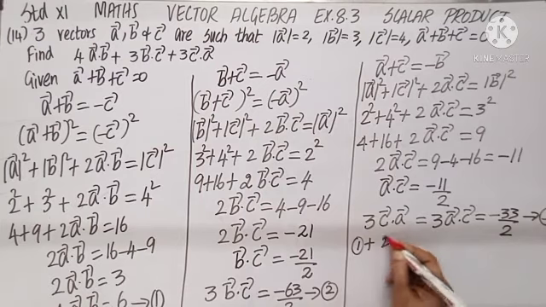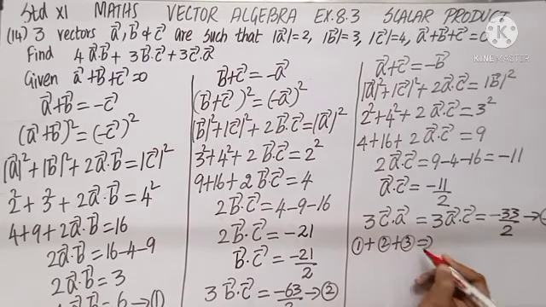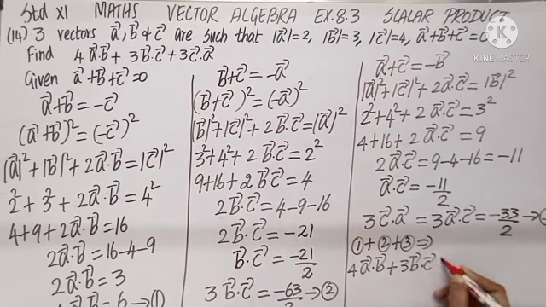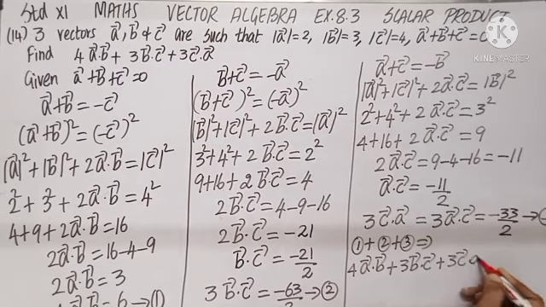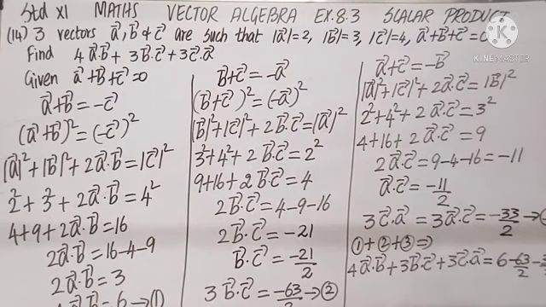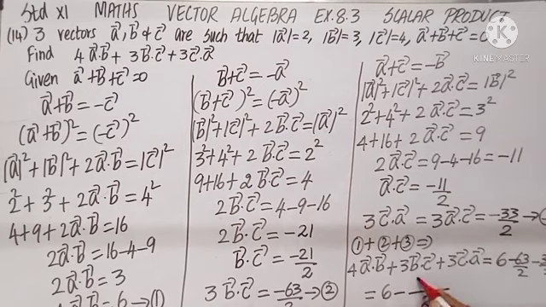As we add 1, 2 and 3, I get 4 times A dot B plus 3 times B dot C plus 3 times C dot A equals 6 minus 63 by 2 minus 33 by 2, or we get 6 minus, 2 is the LCM, 63 plus 33.